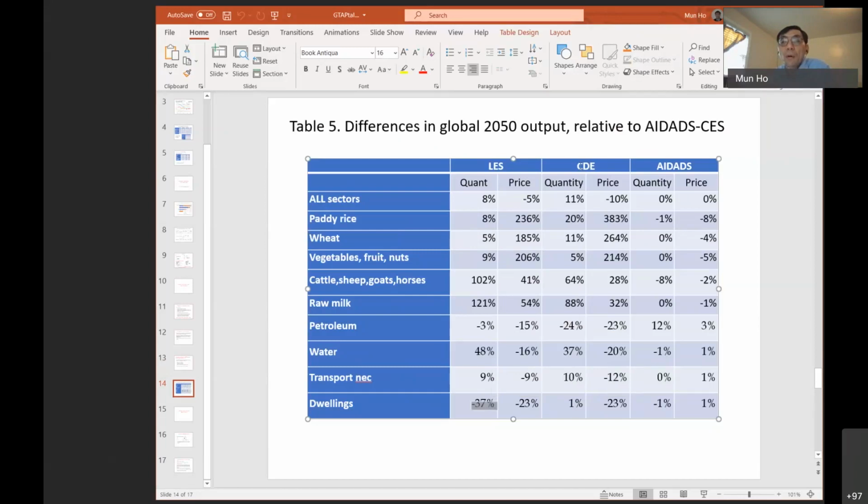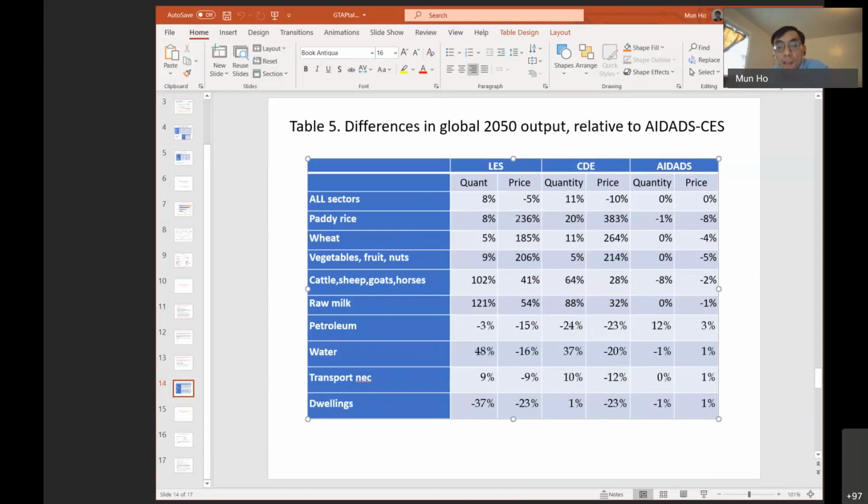The CDE model also generated higher equilibrium quantities of food, but lower for energy. And when we use the same IDEX, but without the energy subnets, there is an impact too, even if we use the same IDEX function.